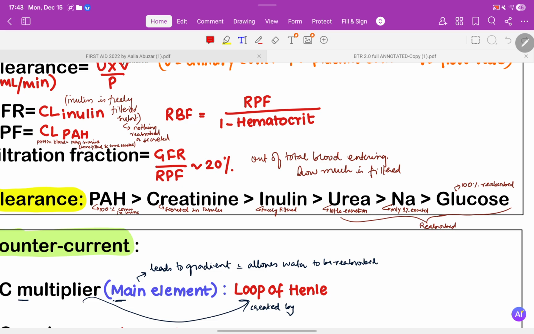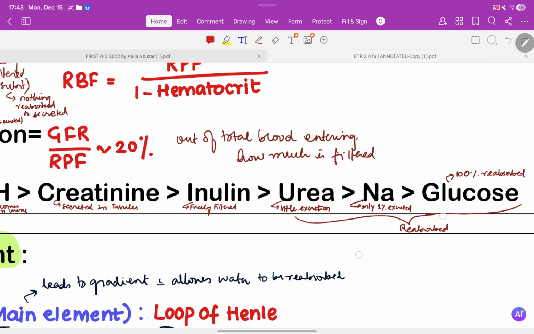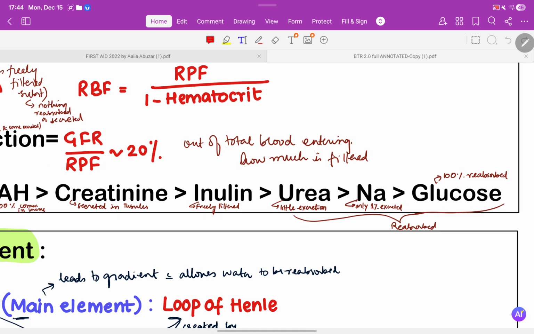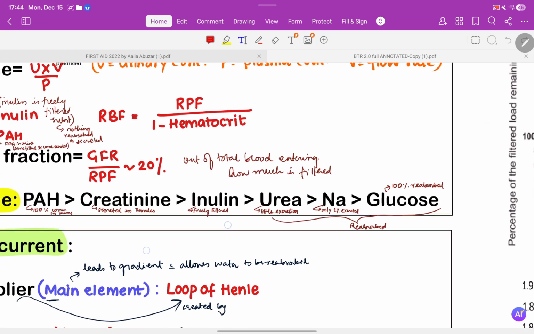Sodium, only 1% is excreted, and glucose, 100% is reabsorbed. So the last three, urea, sodium and glucose, are reabsorbed maximally, so their clearance is very low, because urea has little excretion, sodium only 1% is excreted, and glucose is like 0% excreted, 100% is reabsorbed.